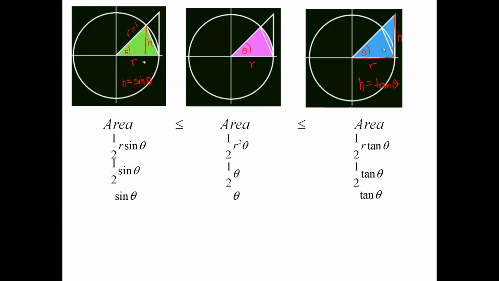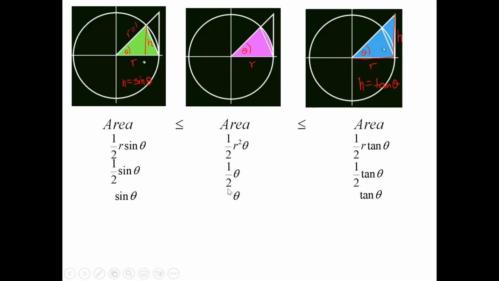Now, as you probably realize, I am trying to use the squeeze theorem to prove the limit as x goes to 0, in this case theta goes to 0, of sine theta over theta. Remembering the squeeze theorem, I need my expression to be in the middle, squeezed between two known limits that are the same as theta goes to 0.